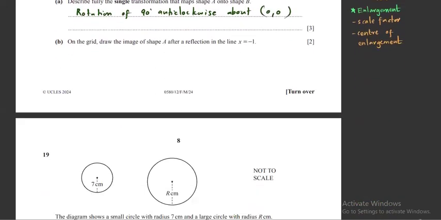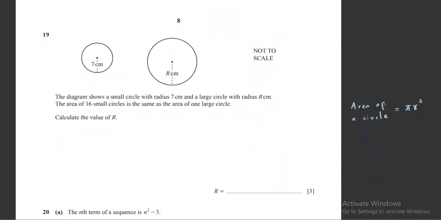Let's move on to the next question that we have, which is question 19. The diagram shows a small circle with radius 7 centimeters and a large circle with radius r centimeters. And in the question, it states that the area of 16 small circles is the same as the area of one large circle.